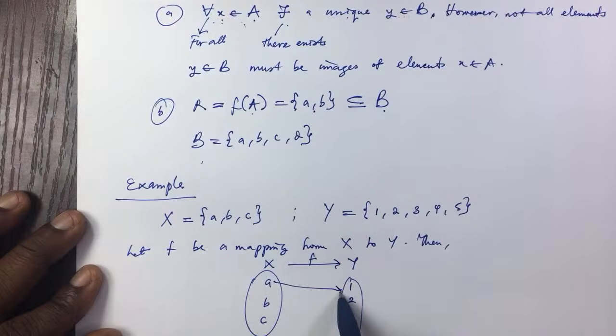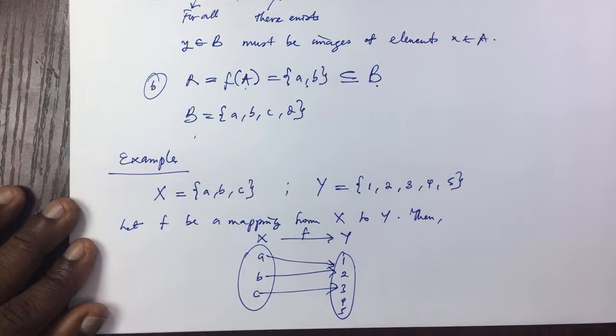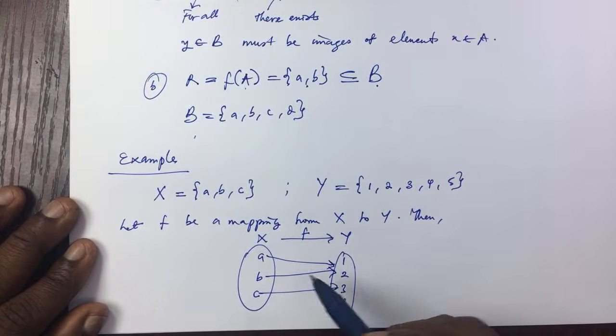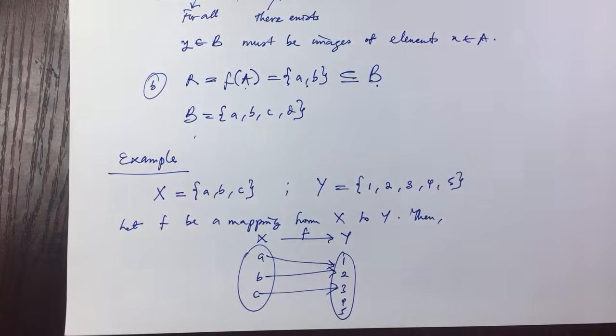Again, you will notice that a is the first letter, b is the second letter, and c is the third letter. Notice again that not every element of Y, the codomain, is an image of elements in X. So whether or not all the elements in Y are images of elements in X does not stop F from being a mapping from X into Y.